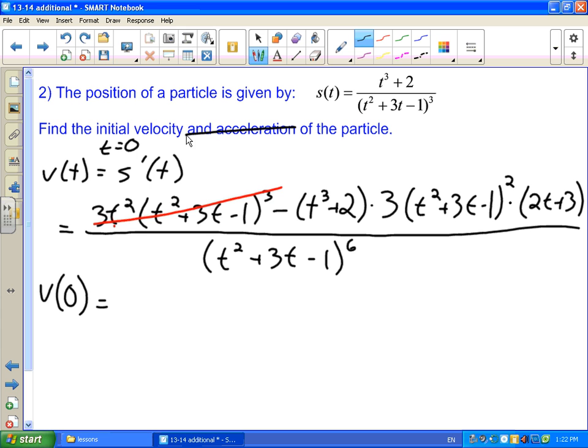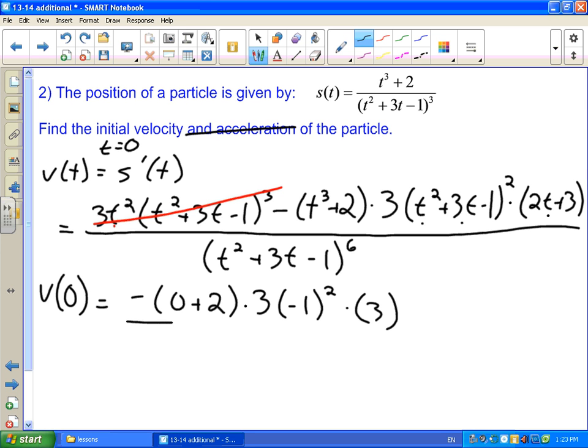So we end up with negative, let's see, t cubed is 0, so 0 plus 2, times 3 times, let's see, 0, 0, so negative 1 squared. And over here, 2t times 0 is just 0, so we end up with just 3.